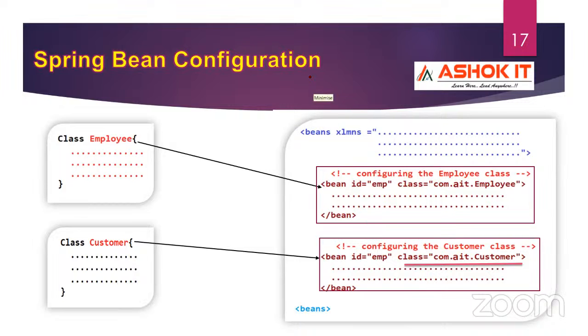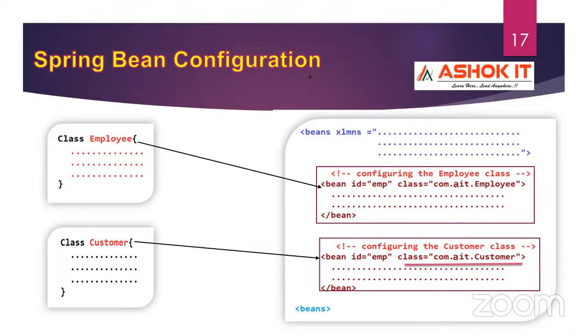What is the difference between a normal Java class and a Spring Bean? For a normal Java class, you can create as many objects as you want by using the new keyword. But once you define that class as a Spring Bean, the default nature of that Spring Bean is singleton. Only one object will be created and the same object is always returned to the requesters.